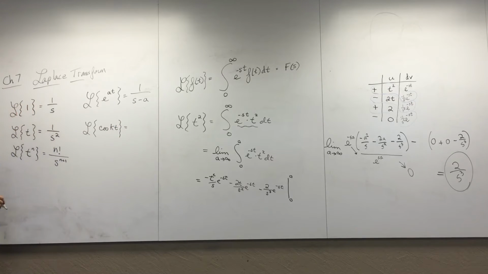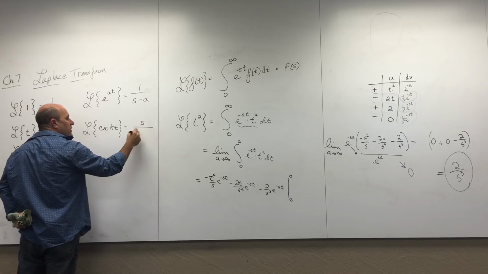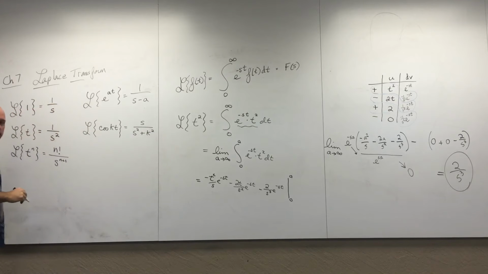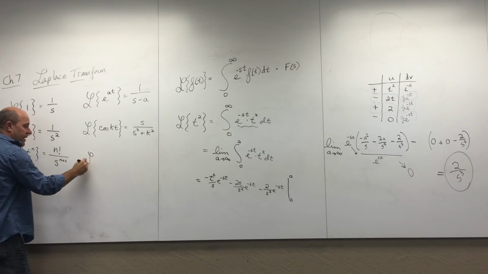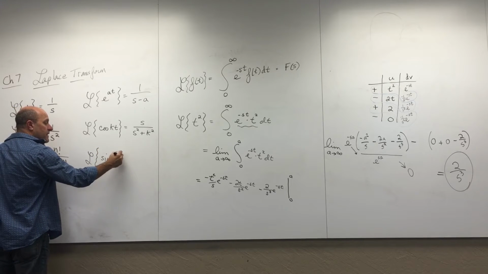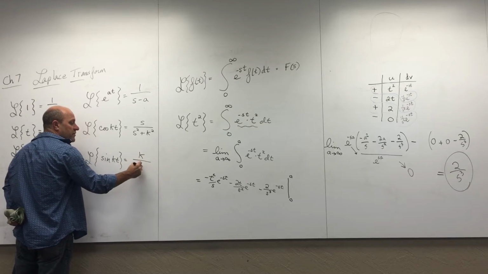Let's see, for cosine, I think cosine is s over s squared plus k squared. I might should look some of these up myself. As you can tell, I guess I got them memorized, unless I screwed up here. The sine of kt. I think the sine of kt is k over s squared plus k squared.